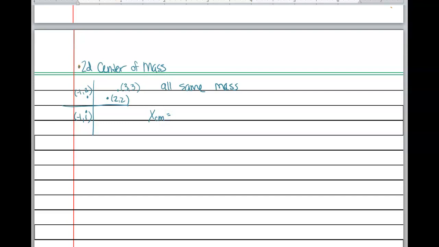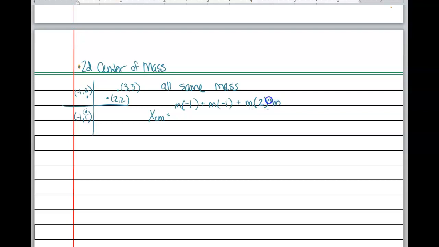So the horizontal position of the center of mass, we're going to just take them each individually. So we'll start with this guy here, just the X direction. So he's at -1. We have another mass also at -1. We have another mass at 2.